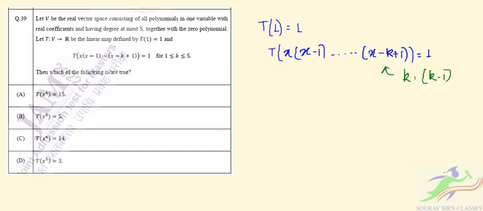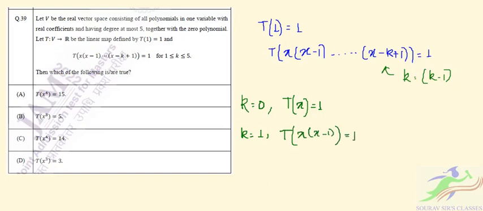Similarly, for k equal to 0, T of x will be 1. For k equal to 1, T of (x minus 1) is equal to 1.